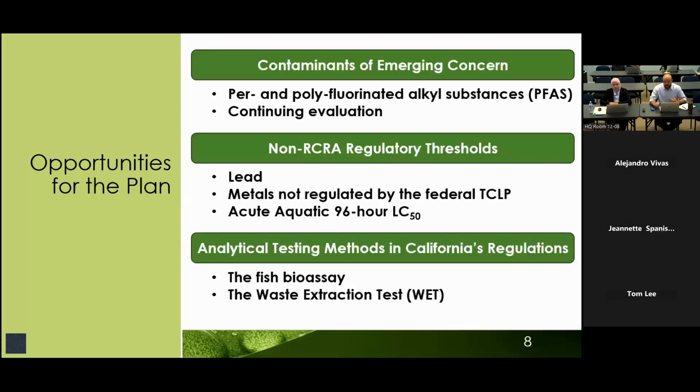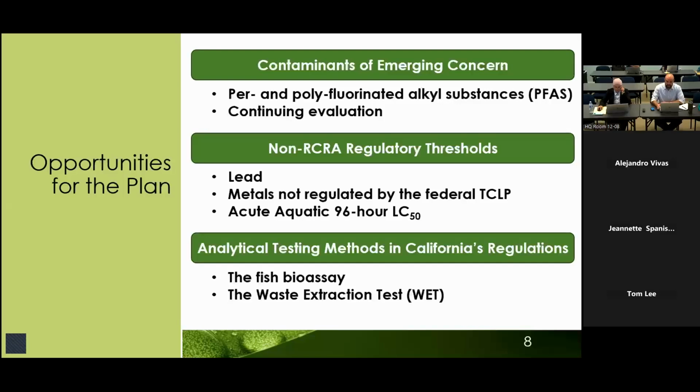Next, we're also evaluating regulatory thresholds for the non-RCRA criteria. We discussed these in more detail during our workshop number 6 that covered hazardous waste criteria. And lastly, we've begun an analysis of 2 analytical methods that are included in the toxicity criteria. These are the fish bioassay and the waste extraction test.